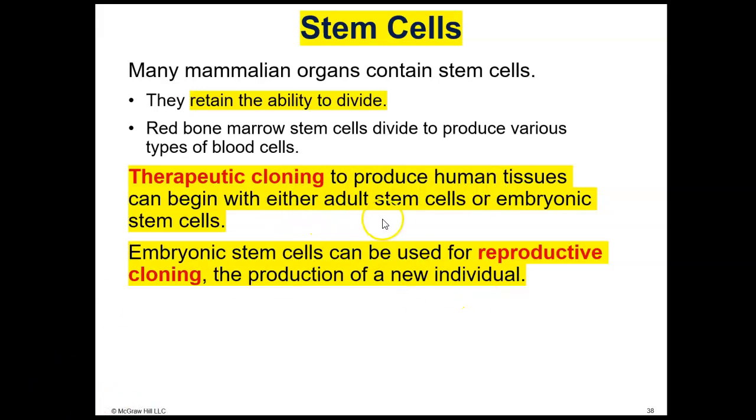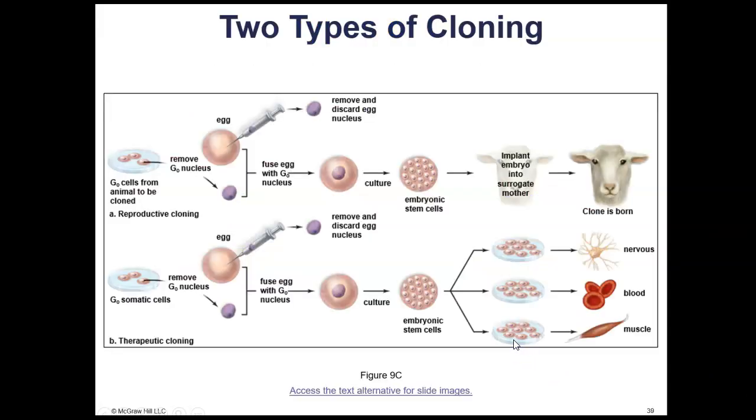Therapeutic cloning can occur from adult stem cells or embryonic stem cells. And then reproductive cloning must use embryonic stem cells. Reproductive cloning is the production of a new individual. We've done that with some mammals, but of course not humans at this time.